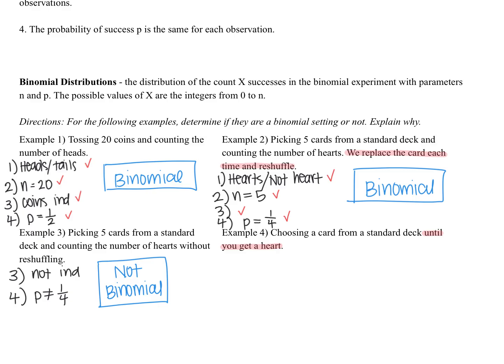So because it says until, we no longer have a fixed n. We're also not returning the card, and we are also not reshuffling each time. So we also have an issue with those 2 conditions as well. So this is not binomial.